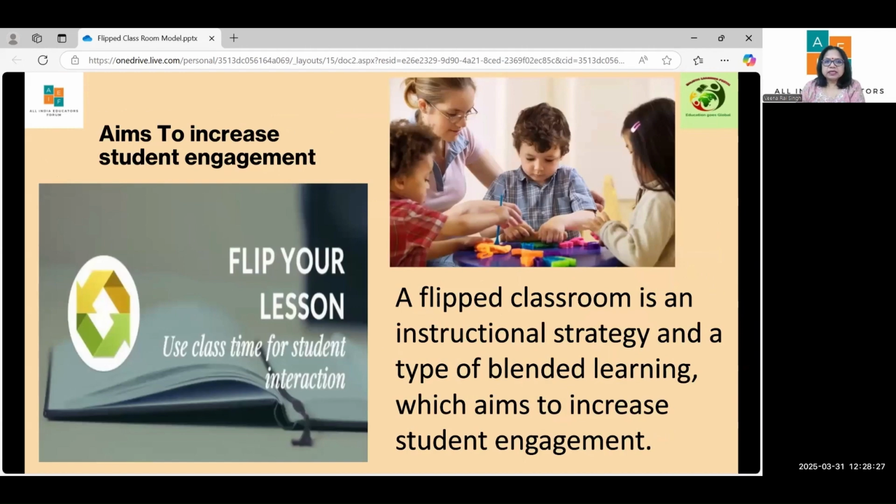So now let's see what the aims are. The aim is to increase student engagement. Here, it is basically blended learning, which aims to increase the students' engagement.